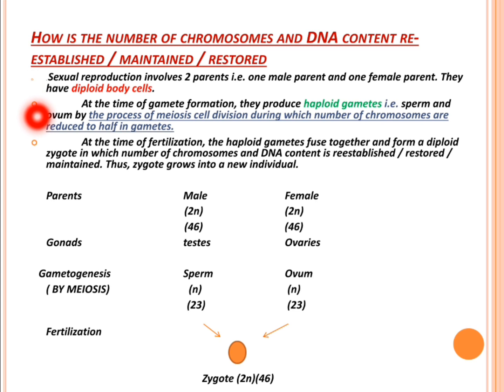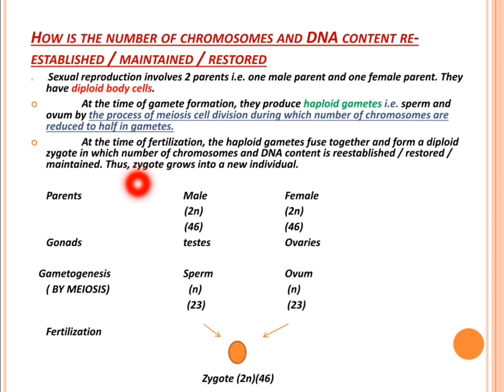At the time of gamete formation, they produce haploid gametes, that are sperm and ovum, by the process of meiosis cell division, during which number of chromosomes are reduced to half in gametes. At the time of fertilization, these haploid gametes fuse together and form a diploid zygote, in which number of chromosomes and DNA content is re-established or restored or maintained. And then this zygote grows into a new individual.